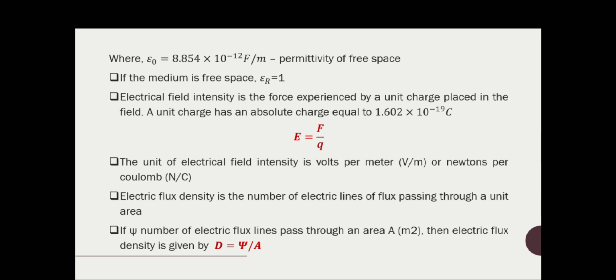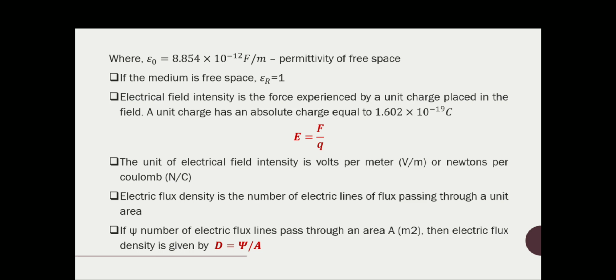And you know that epsilon 0 is the permittivity of free space and is equal to 8.854 into 10 raised to minus 12 farad per meter. And if the medium is free space, then epsilon r is equal to 1.